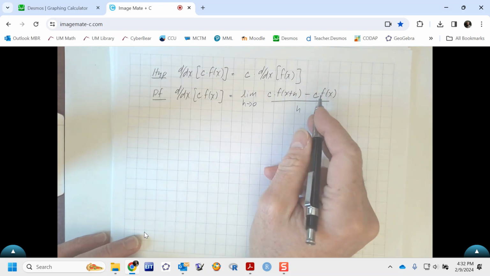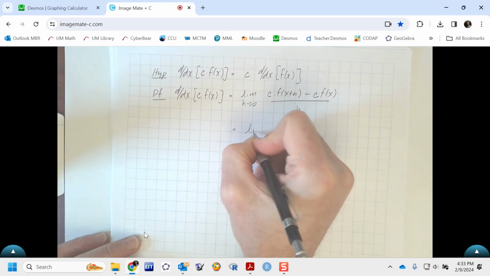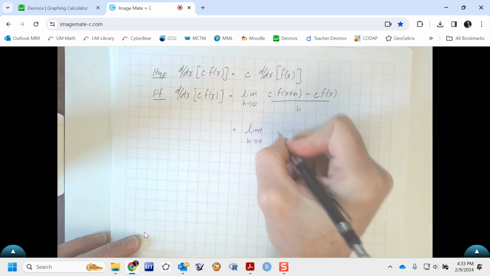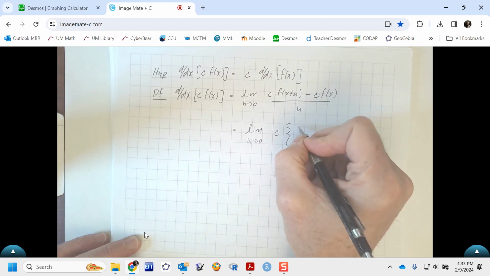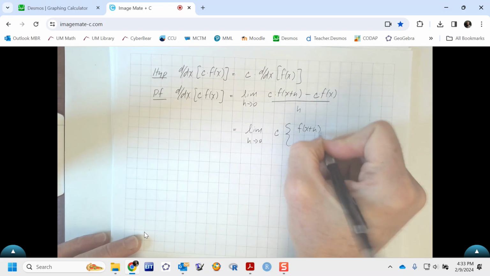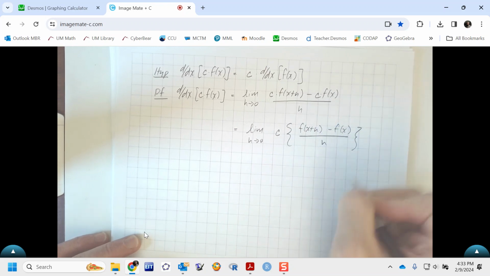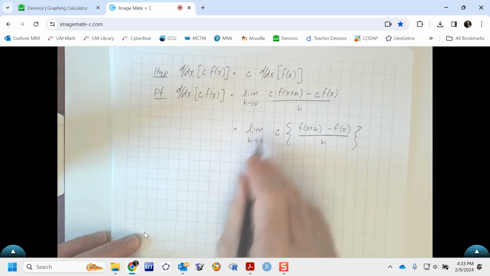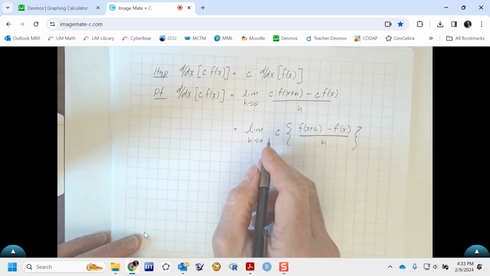Noticing that there's a c in both terms on top, I can go ahead and factor that out. In fact, I can call this the limit as h goes to 0 of c times f of x plus h minus f of x all over h. And now I know that for limit laws, there's a rule that the constant can come out in front of any limit.